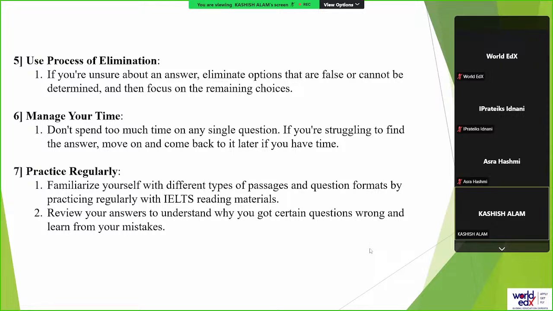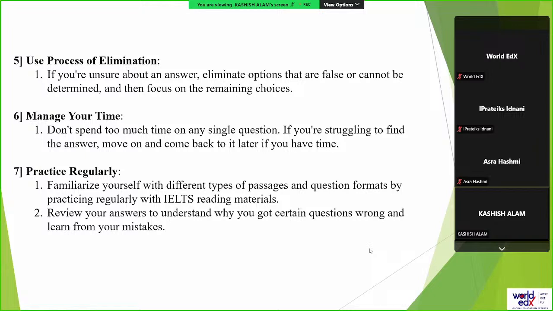Manage your time. These true false not given or yes no not given questions are actually time-taking questions, because they have to be solved in a very logical way. So if you are struggling to find the answer for any particular question, do not spend too much time on that. Move ahead, come back to the question later and solve it.